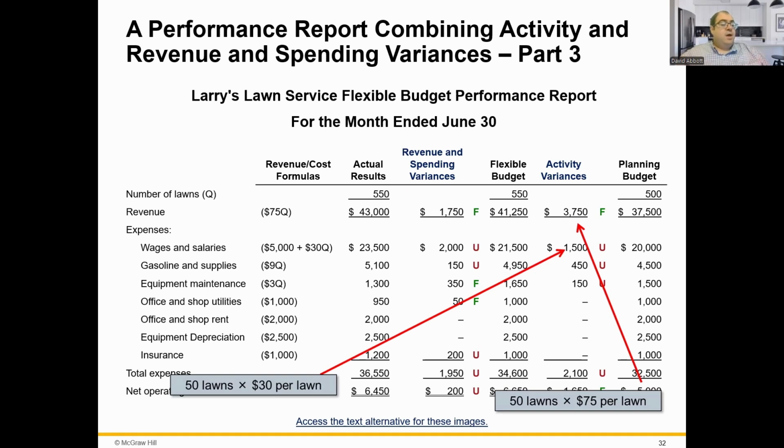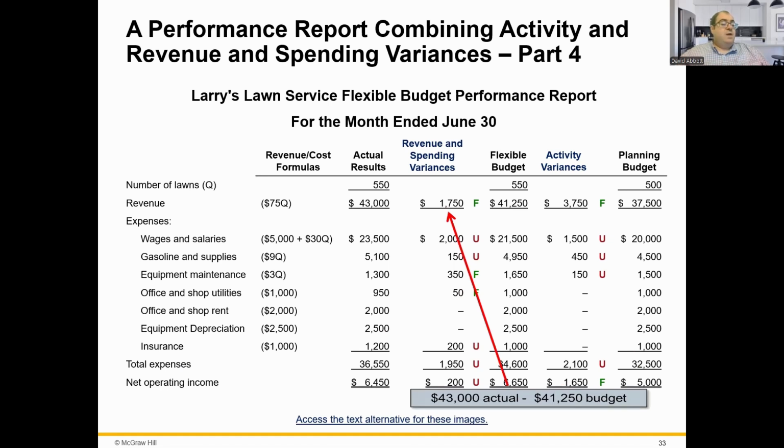For example, the revenue activity variance of 3,750 favorable can be computed by multiplying 50 lawns by $75 a lawn. The wages and salaries activity variance of 1,500 unfavorable can be computed by multiplying 50 lawns by $30 per lawn.